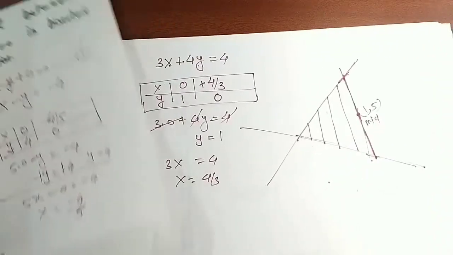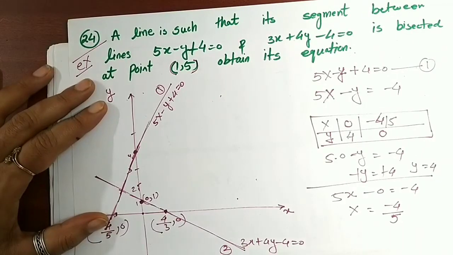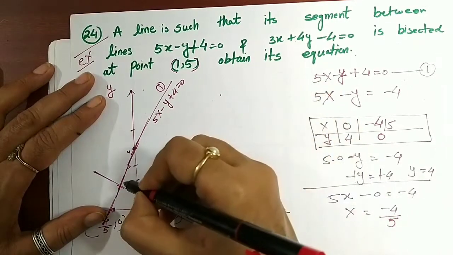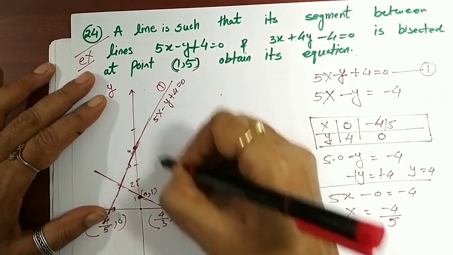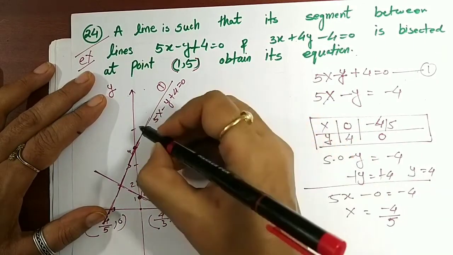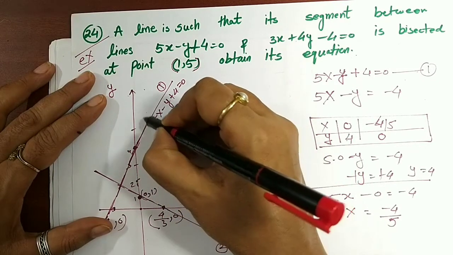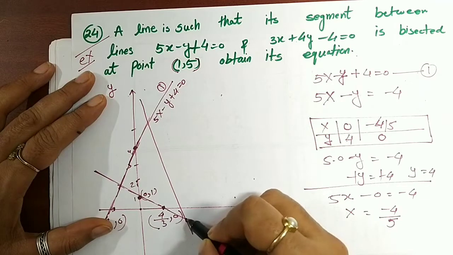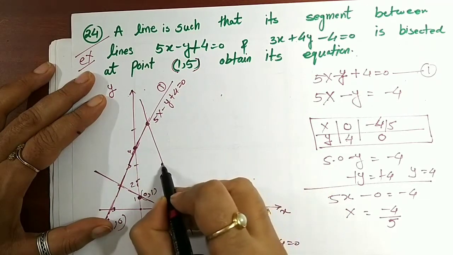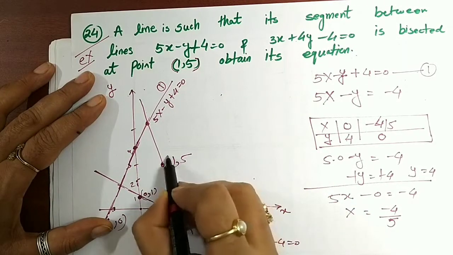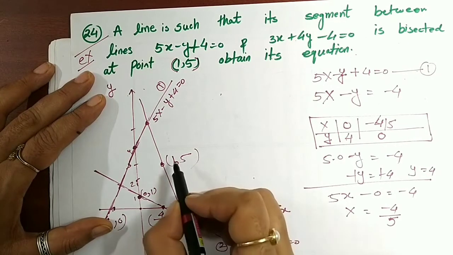I am just guessing: there will be thousands of possible segments. Out of that I am randomly taking this line segment between the lines, and here is the midpoint which is 1 comma 5.